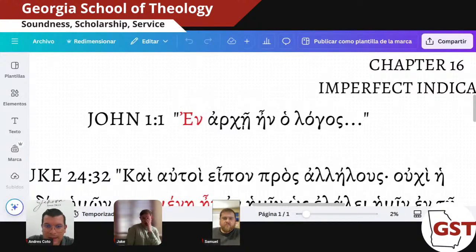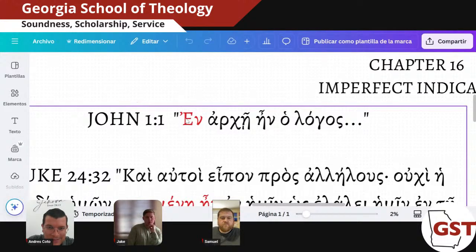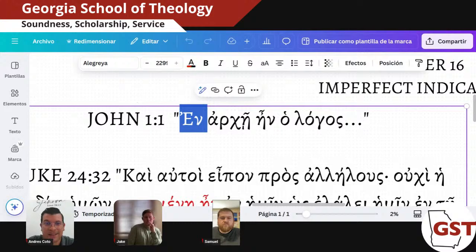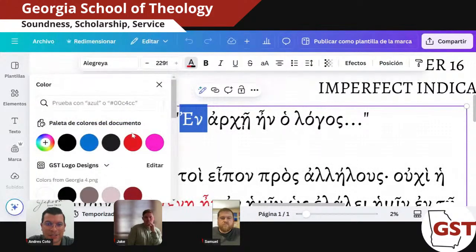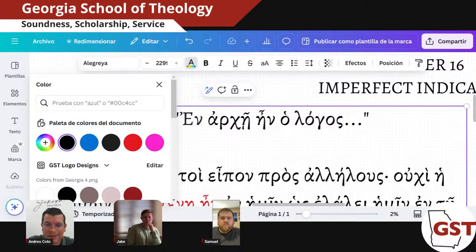I think I marked it wrong just because it sounds the same, so I will correct it. Now that it comes up, what would that N be? We have N here, N and ho logos.